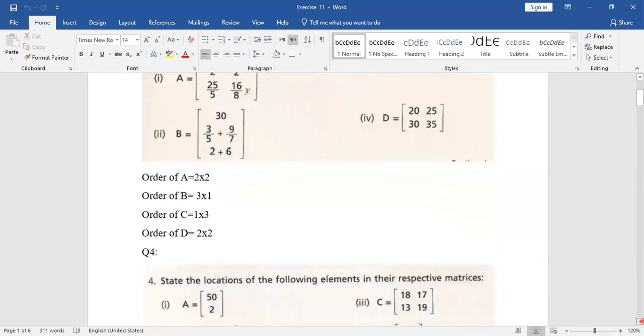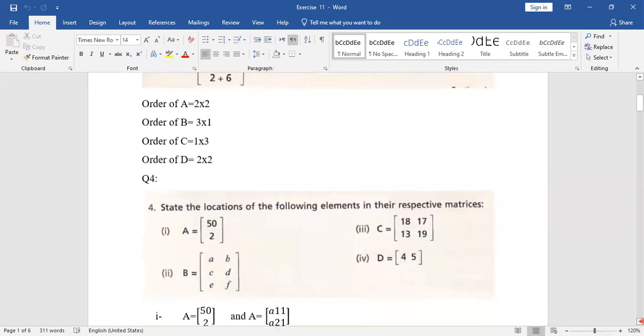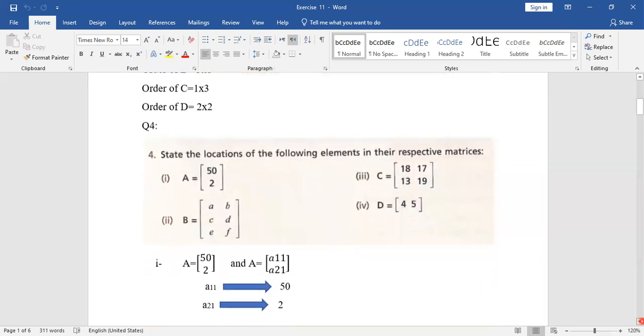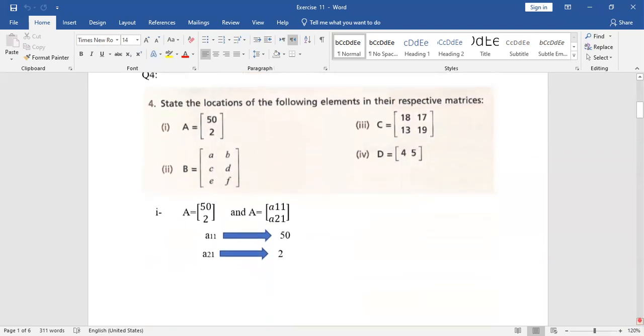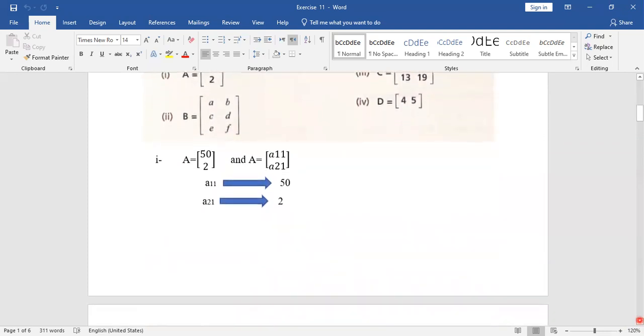Come to question 4. State the location of the following elements in their respective matrices. We can locate the elements in two forms: by using an arrow or by using commas. First of all, we must know how to locate it. This 50 and 2.